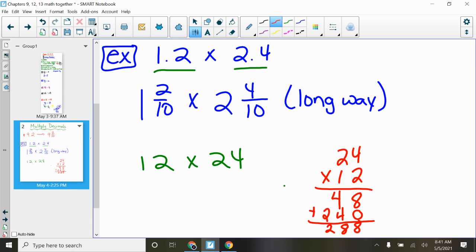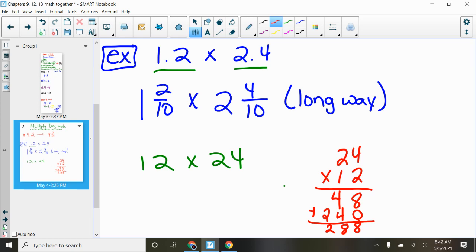No, because I started with decimals, so now I have to make sure my answer has a decimal. So how do I know where it goes? Well, now I have to come back to the original problem. This is why I say don't erase things, because if you had erased the decimal, you wouldn't know where it started, and it's critical to know where it started.